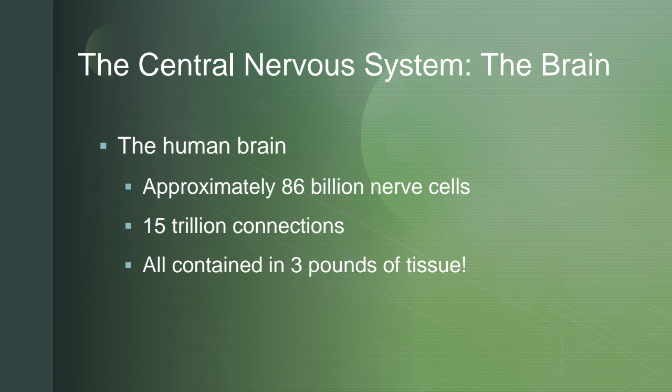So that's a remarkable, unimaginable number of connections. Where the spine contains about 1 billion nerve cells, the brain contains 86 billion. All of this, these 86 billion nerve cells and 15 trillion connections, is contained within this 3 pounds of jello-like tissue.